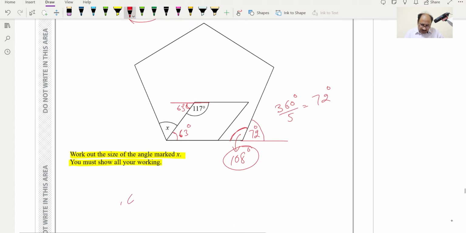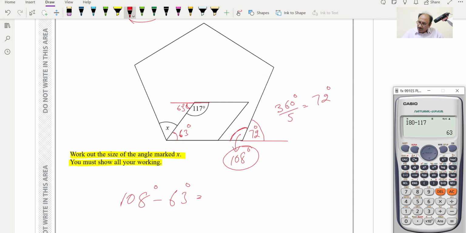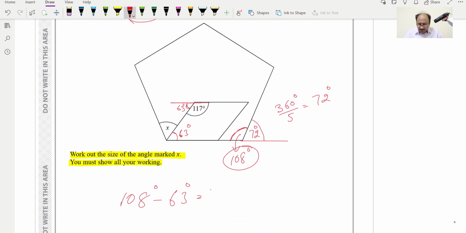So 108 degrees minus 63 degrees will be equal to 45 degrees. So x will be equal to 45 degrees.